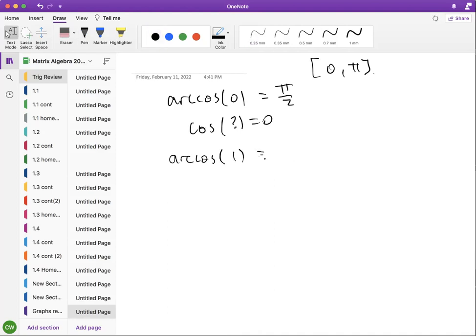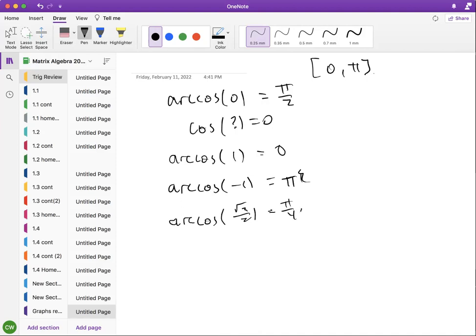What is the only angle in that interval that outputs 1? It's 0. Arc cosine of negative 1. What is the only angle in that interval that gives you negative 1? It's positive, it's pi. We can do what is arc cosine of radical 2 over 2? It's pi over 4, etc.